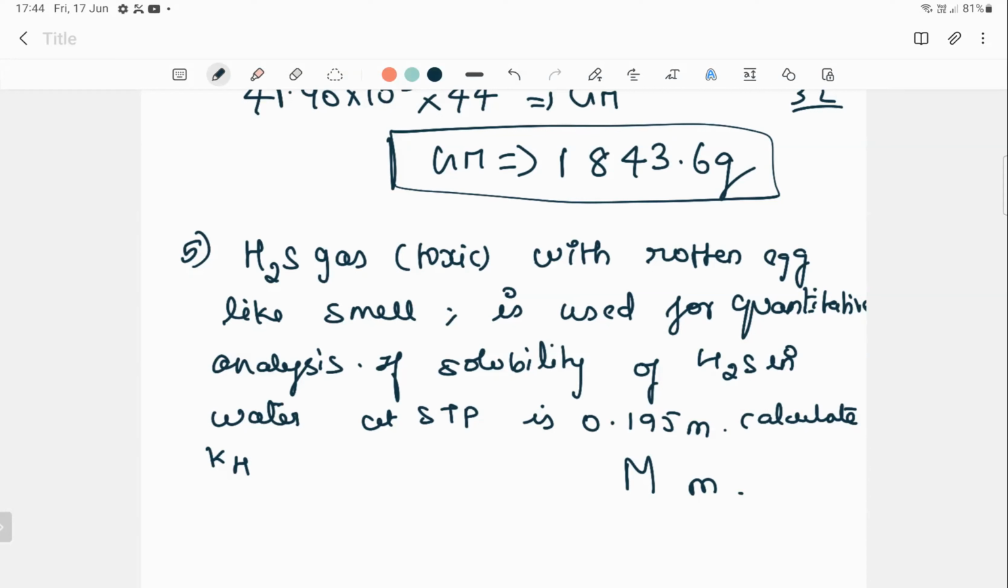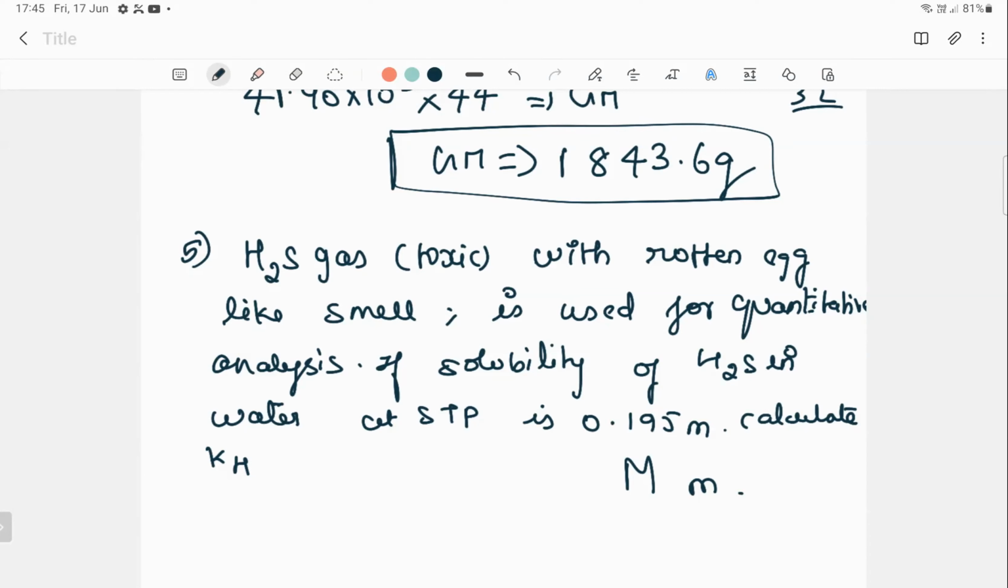Molality, M-O-L-A-L-I-T-Y. In the formula, molality is equal to number of moles of solute divided by 1 kg of solvent. So 0.195 is equal to the number of moles of your solute, which is H2S, divided by 1 kg.